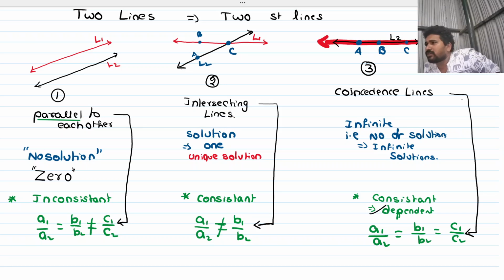We need not draw. Just by checking this condition, we can tell the two lines are parallel. Next, second one, intersecting lines. What is the condition? Correct? What is the condition for coincident lines?